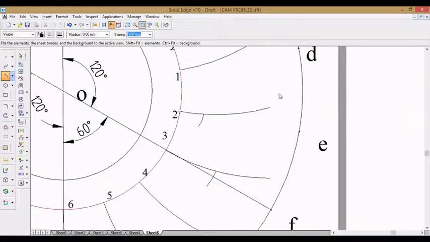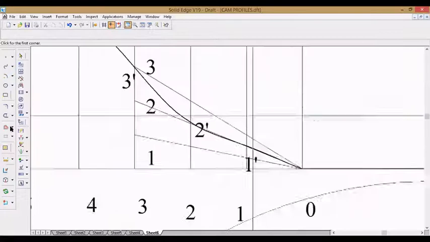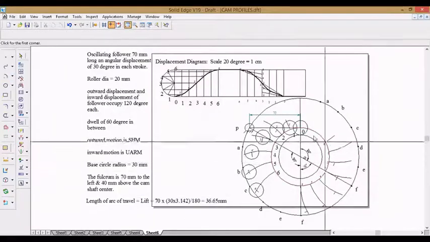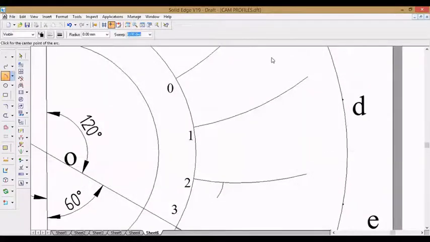And finally 1 to 1 dash, you take the measurement. See, I have not joined properly. Here is the 1 dash I have joined here. So 1 dash is 2.03.